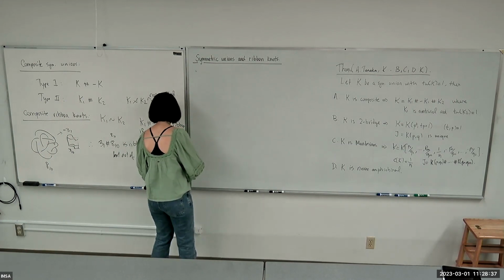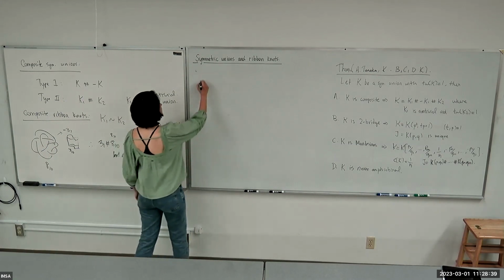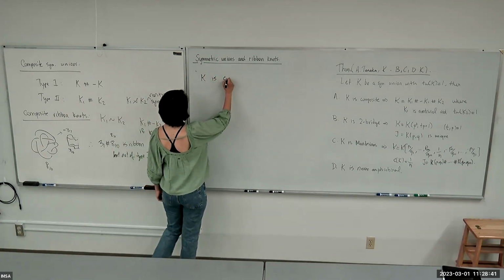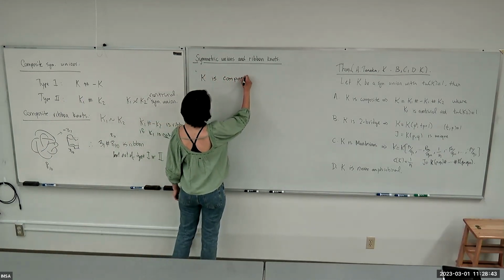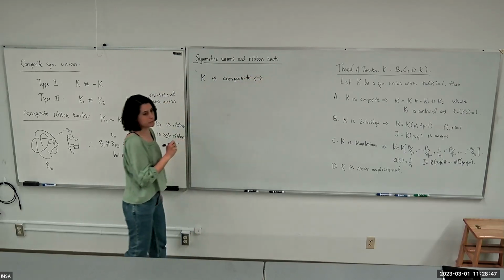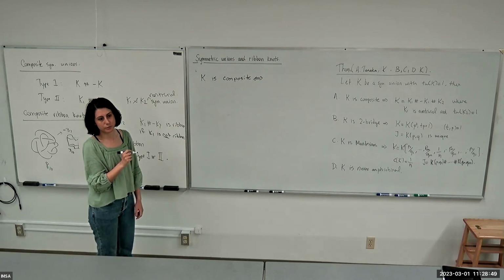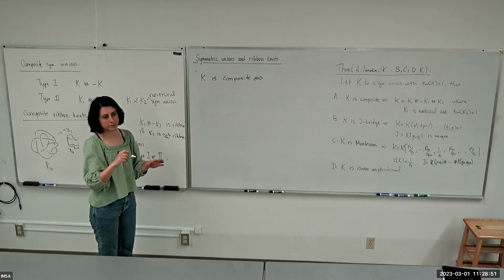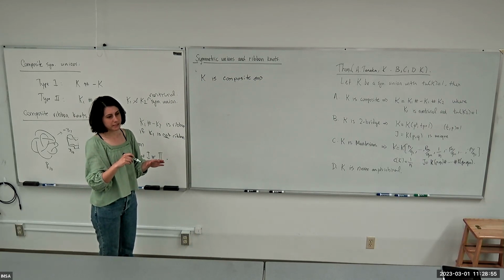Okay, first the idea. Here I will again use the double branch cover, because if a knot is composite, then it's characterized by a decomposing sphere in a tree.